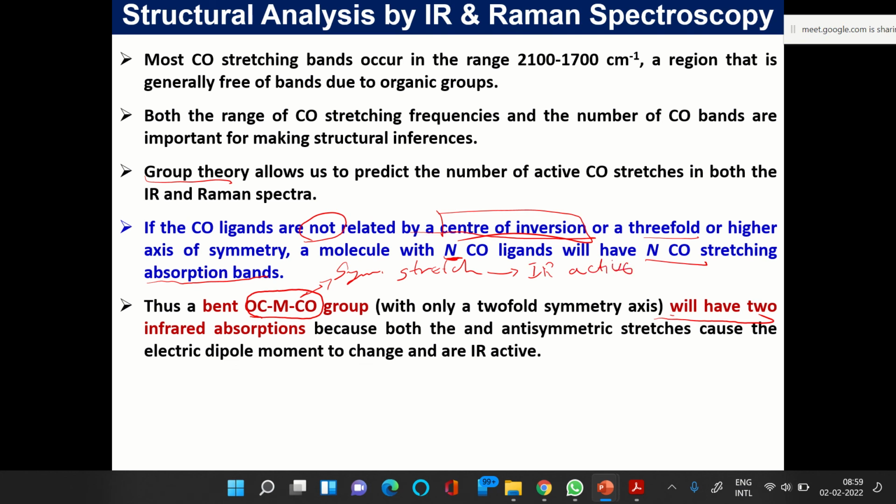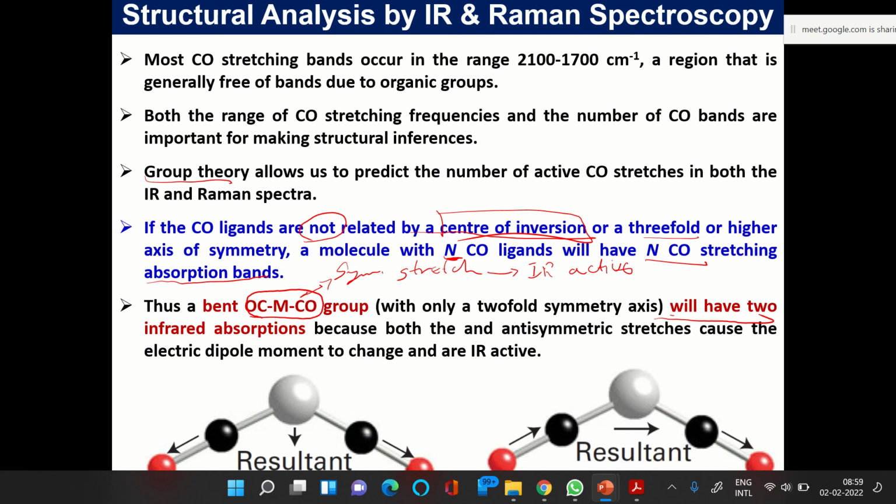If it is linear, the symmetric stretching is not IR active. So in a bent molecule, both the symmetric and antisymmetric stretching will be IR active.